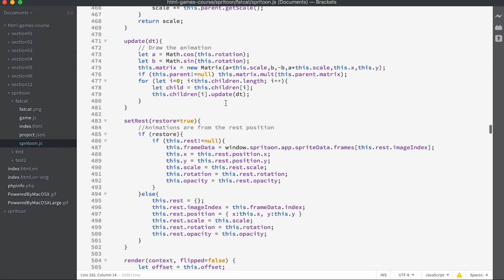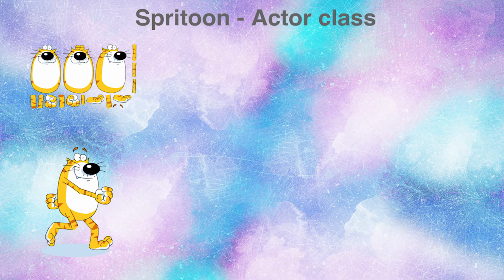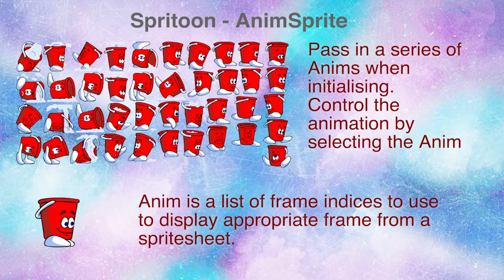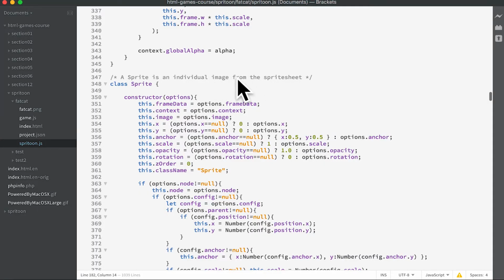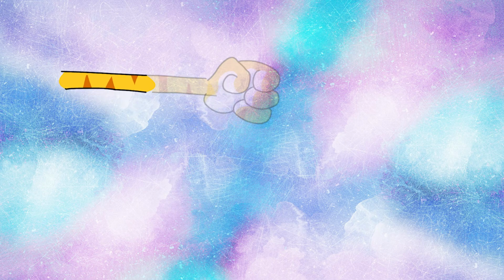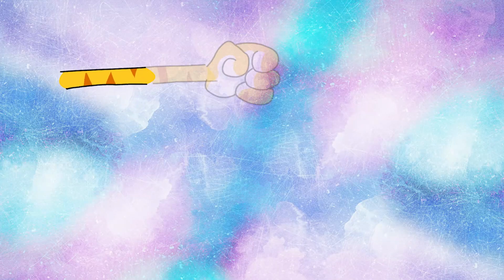So that's the Spritoon library. Actors with actions, anim sprites with anims to control their animation, and sprites. And when an actor is used, it's a hierarchy of sprites where the position and rotation is all defined by matrices, which we'll look at in the next video.